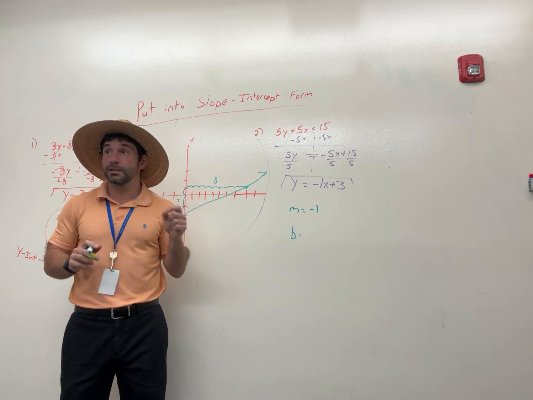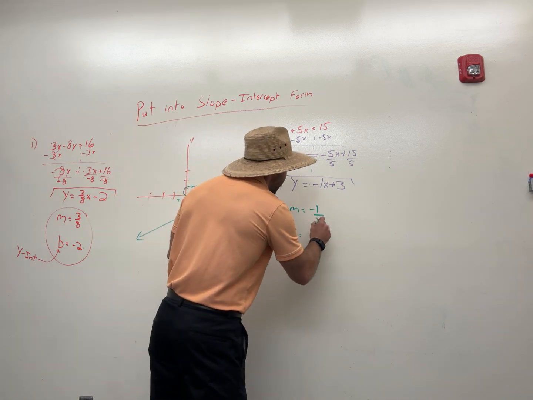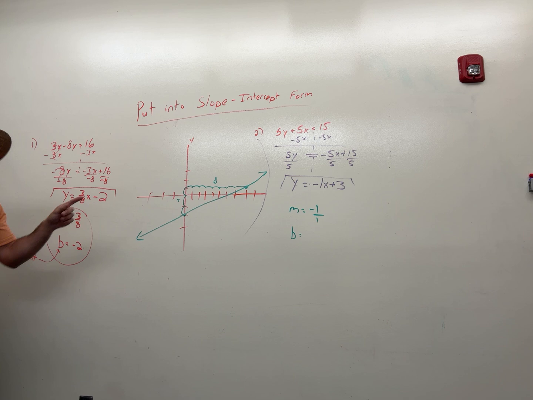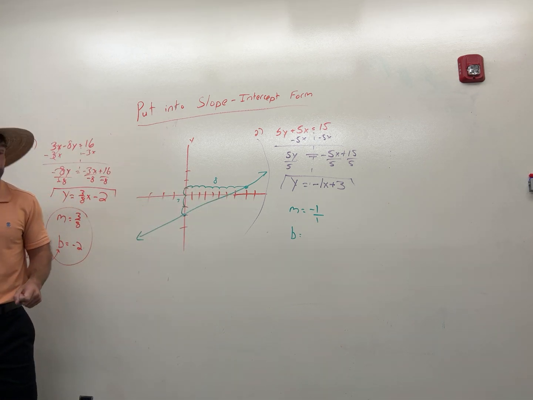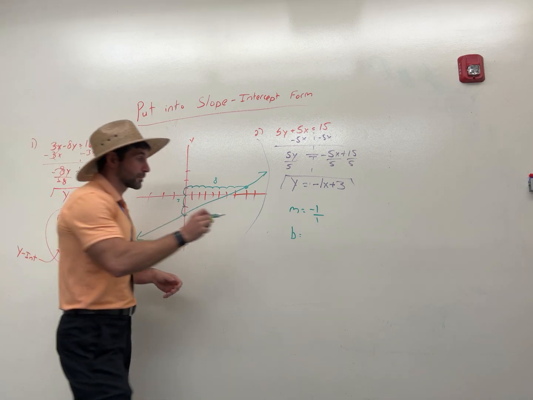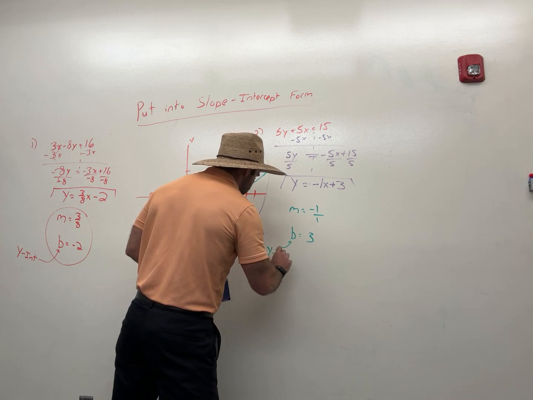So it's negative 1 what? 1. Negative 1 divided by 1. Yes, because when we have a slope, we need a rise and a run. Lydia, what's my y-intercept? 3. Okay? Because remember, it's not the x, this is a y-intercept.